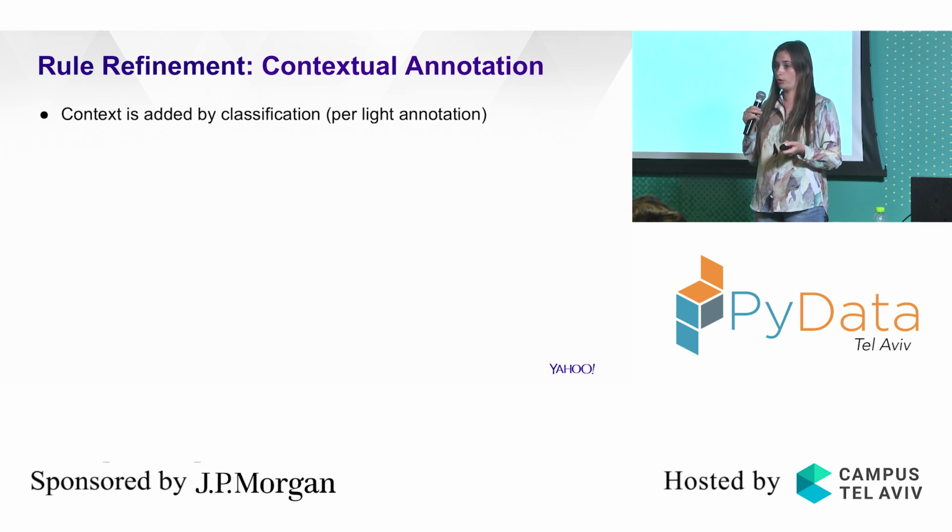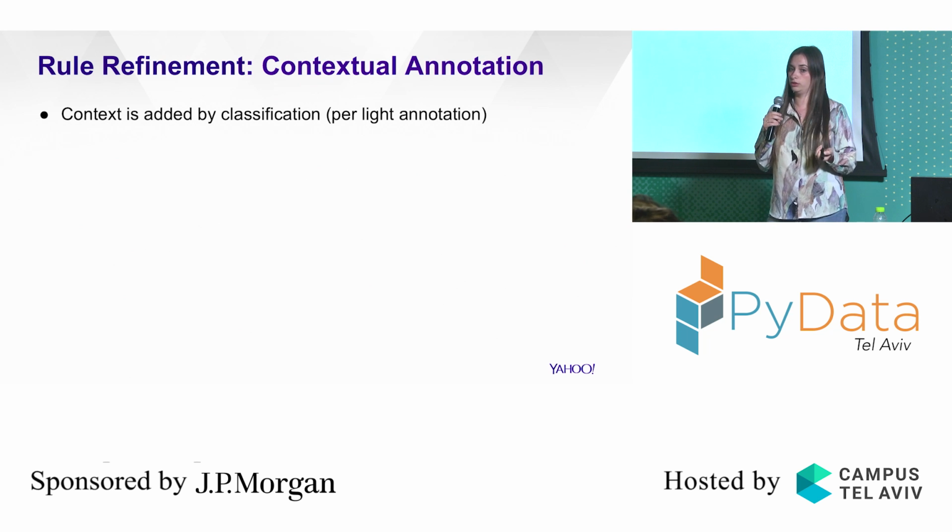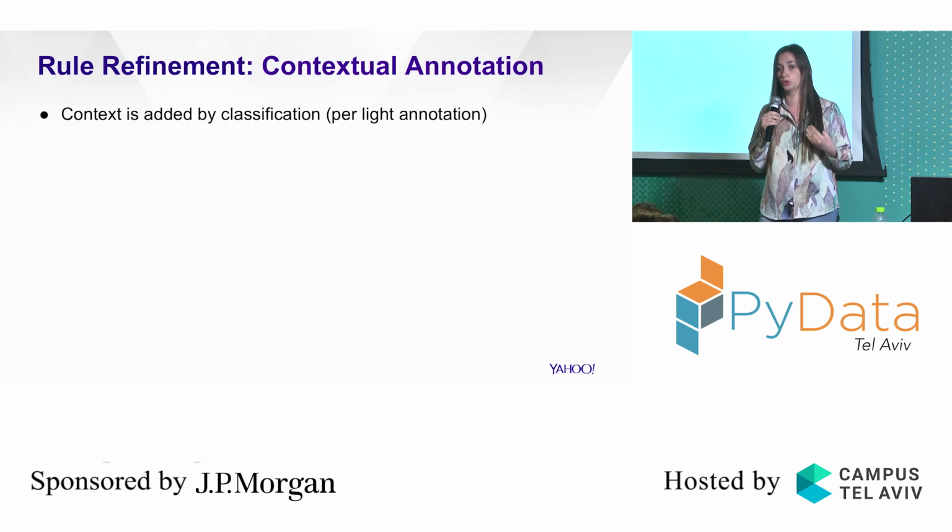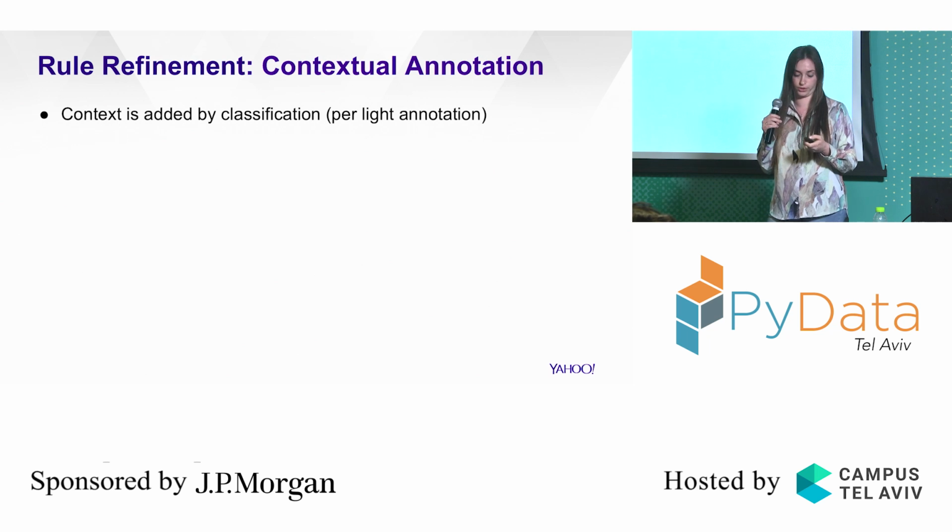So let's talk more about the classification part. We train a model for each light annotation where the labels are the contextual annotations that we want to replace it with. For example, for date, we saw that we will have three optional labels, like dates that can be replaced with date booking, date depart, and date arrive.